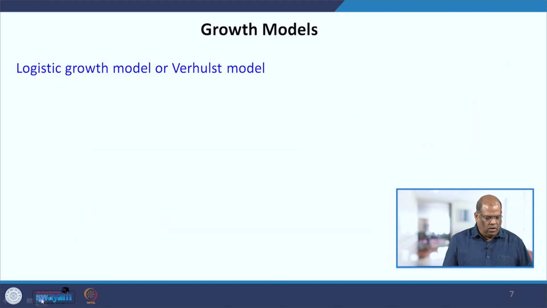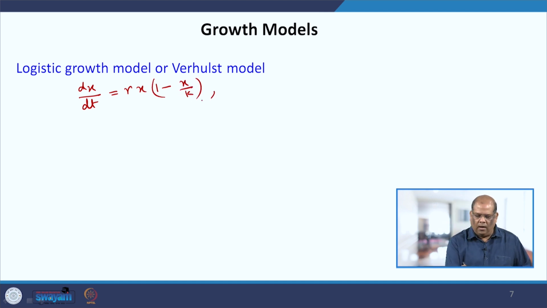So, in the logistic growth model, we have the equation of the form dx/dt equal to r times x times (1 minus x by K).